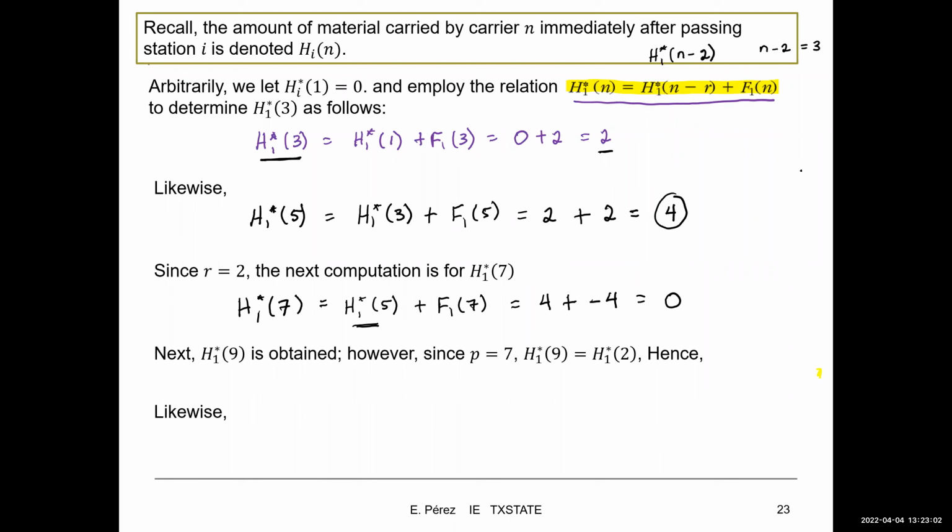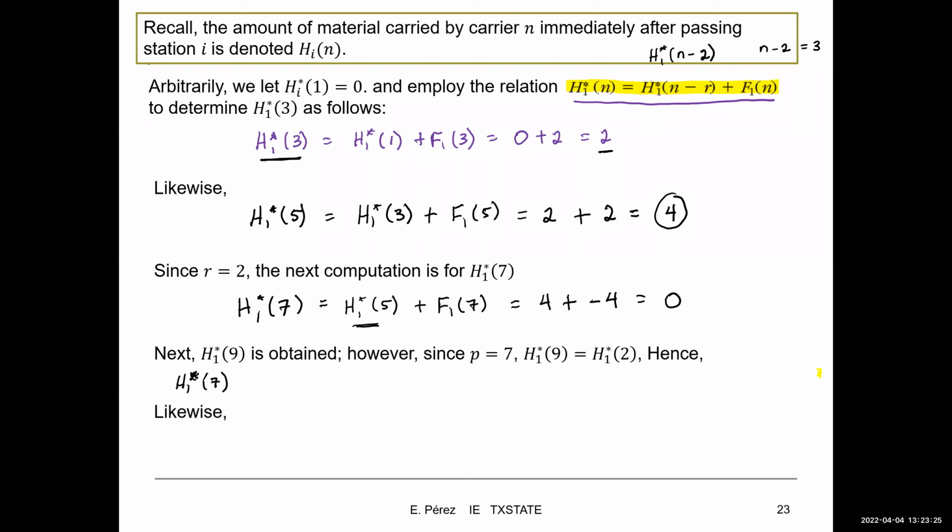And you will see how this accounts for every single piece that is missing. So we have 1, 3, 5, and 7. Now we're going to do 2, 4, and 6. So H1 star of 7.